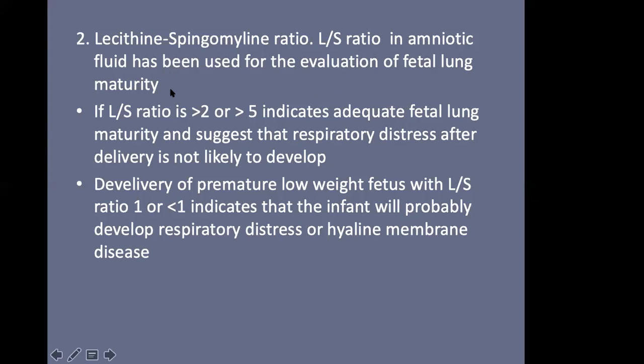If someone has a previous history of respiratory distress syndrome in their babies, you are going to check the new pregnancy, the new baby, to see whether his lung is mature or not. You will check this ratio in the amniotic fluid. This test is available. If the LS ratio is greater than 2, remember this, it indicates fetal lung maturity.